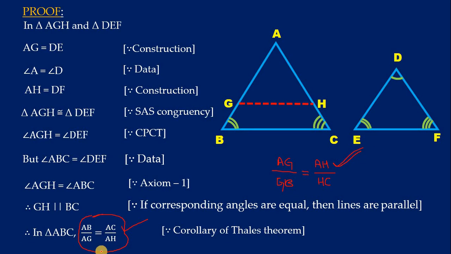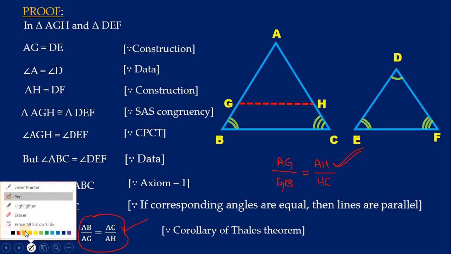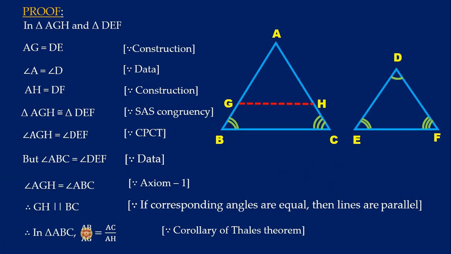Now observe properly this one, children. In this, I can replace AG by DE, because in the construction we have shown AG equals to DE. Like that only we have taken point G on AB.